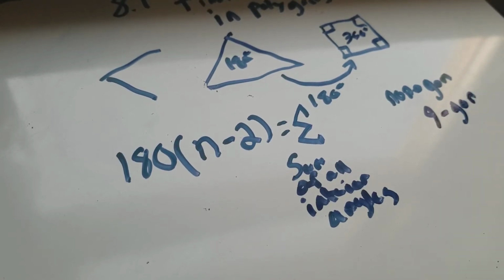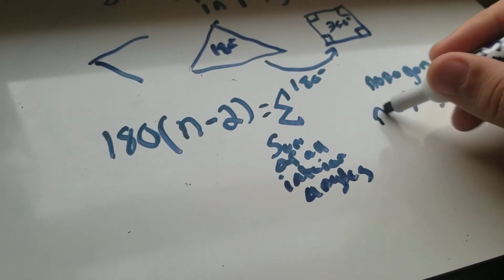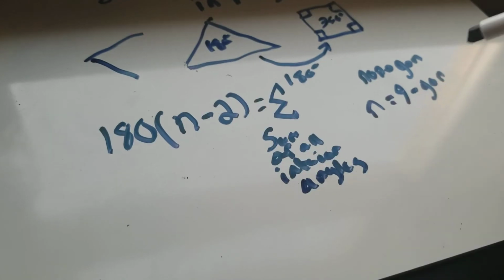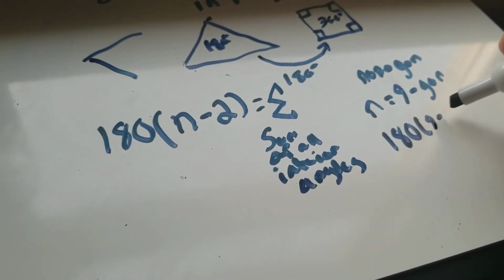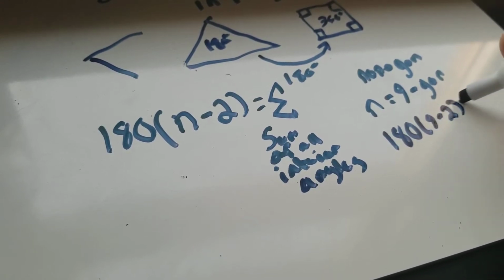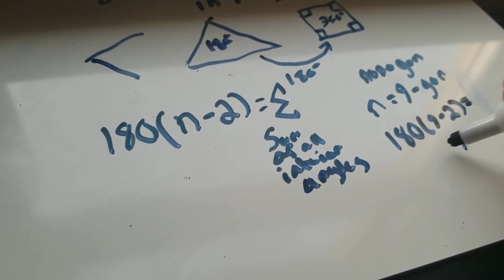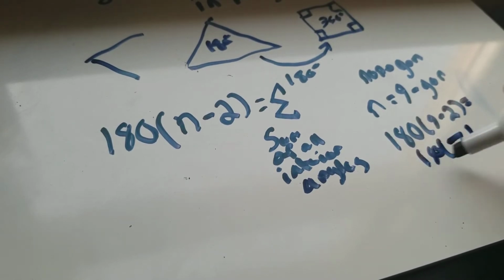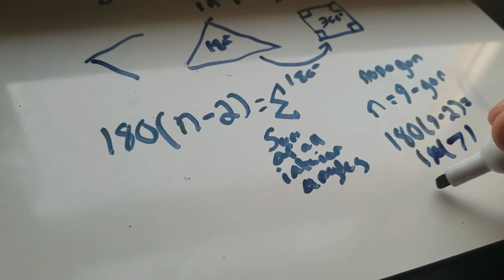Since this has 9 sides, n equals 9. So I simply plug it into my equation, which is very simple. 9 minus 2 equals the sum. And then 9 minus 2 is 7, times 180. 7 times 180 is 700, 8 times 7 is, why am I bad? 56. So 756.